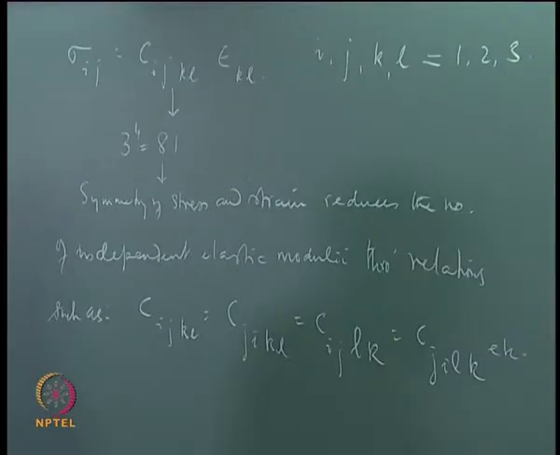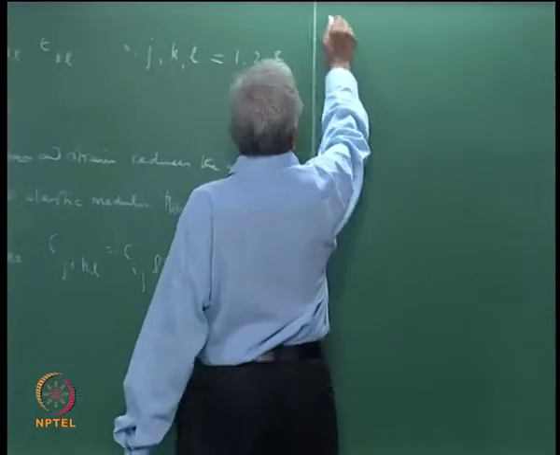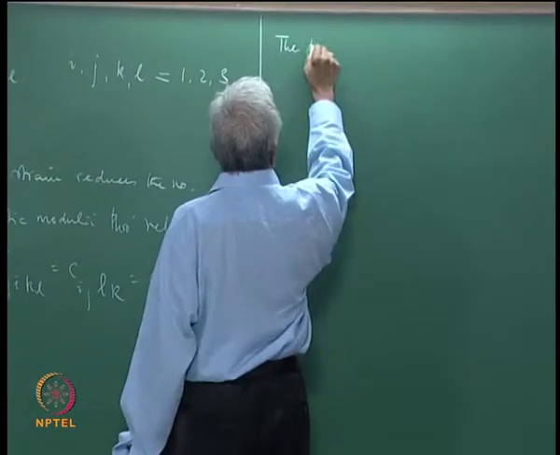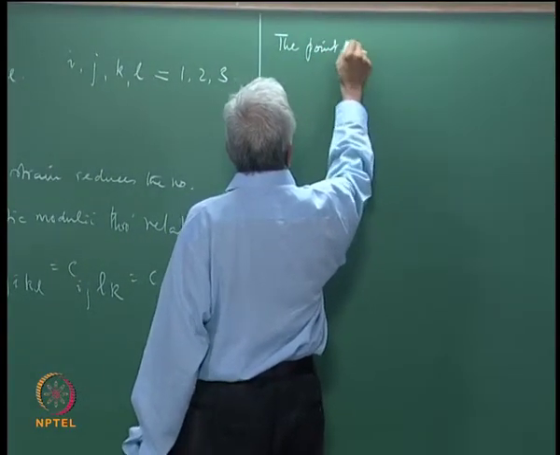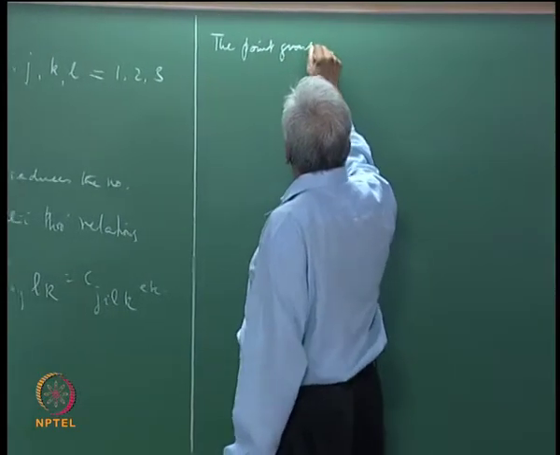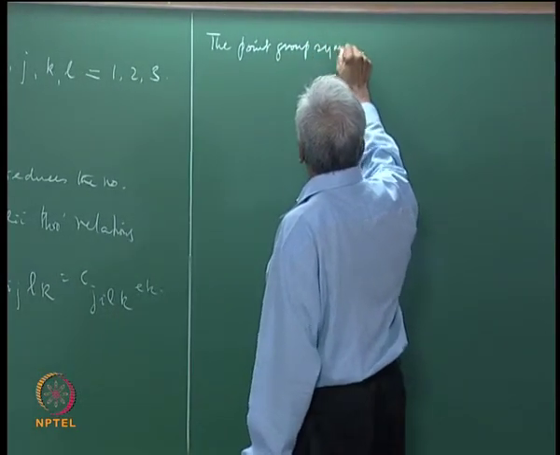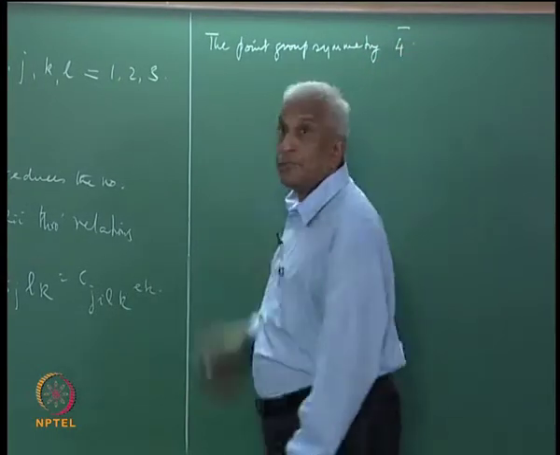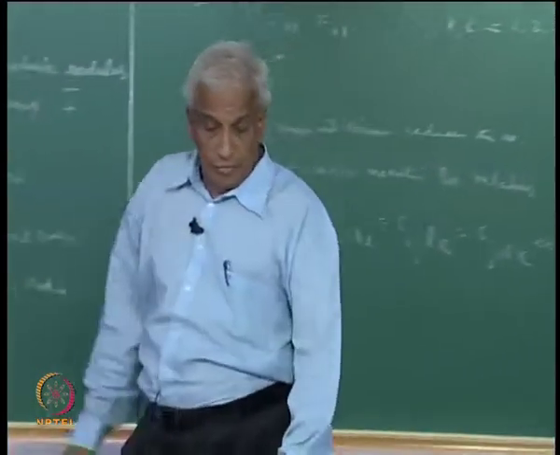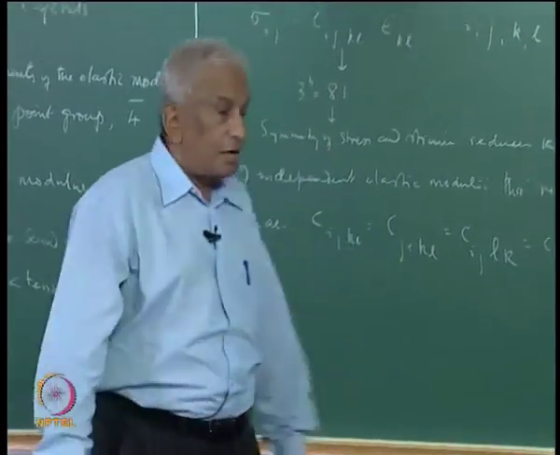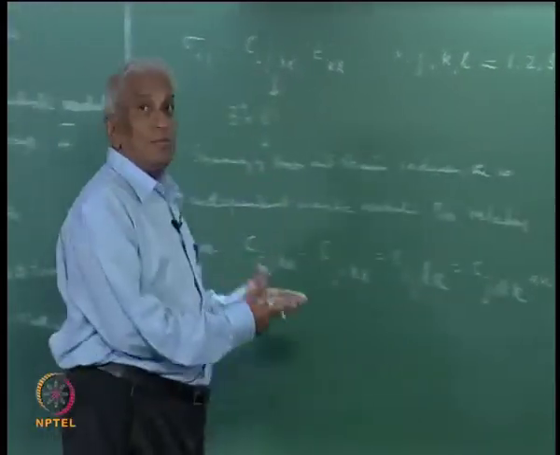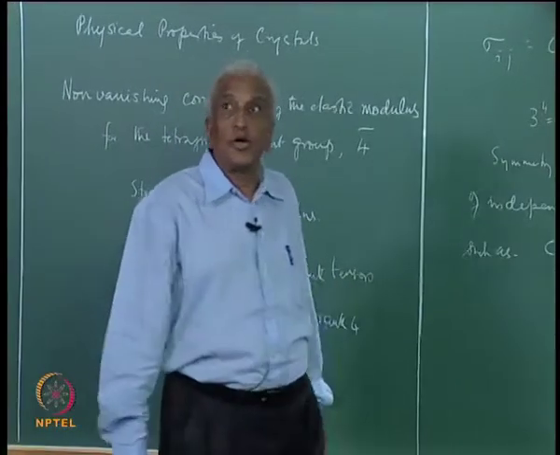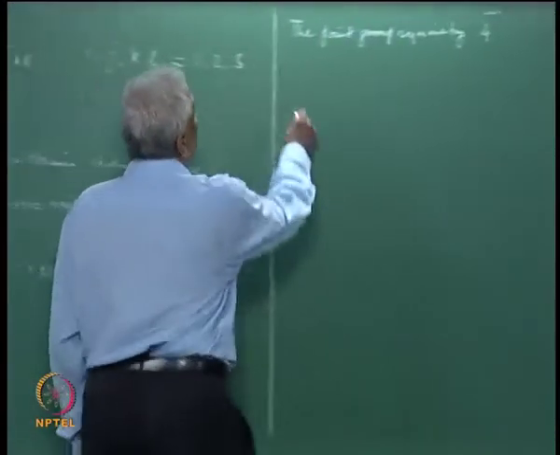Now, in addition to this, the point group symmetry of the given tetragonal point group 4 bar reduces these further, and we can tell which will be the non-vanishing elastic moduli just by inspection.